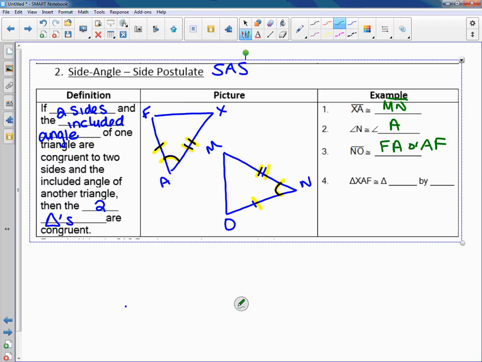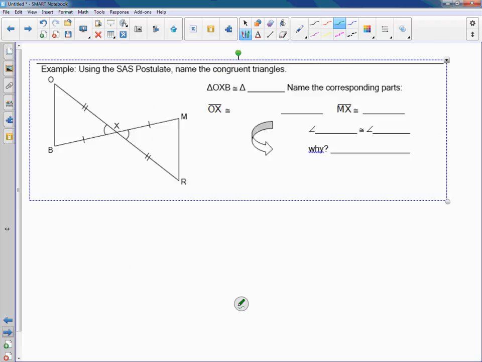So therefore, triangle XAF, going from no markings to 2, and the other one, FAX, with the corresponding sides of the other triangle, is going to be MNO by side, angle, side. So we have side, side, side, and side, angle, side. Now, let's try an example here.